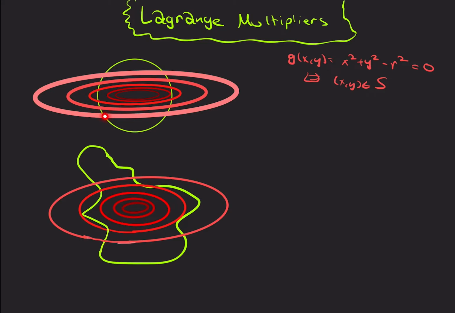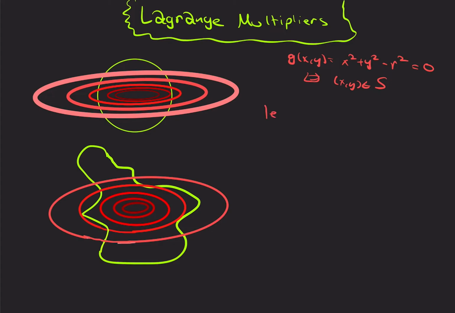And if it's not tangent to the surface, that tells you it's not a minimum. Why? Because you can see visually that I could shrink this level curve. I have some space to descend and still hit the constraint curve. So I shrink and shrink until eventually I hit a point where I'm tangent here. And if I continue this shrinking process, I no longer hit the constraint curve. So the maximum here must occur whenever this is tangent.